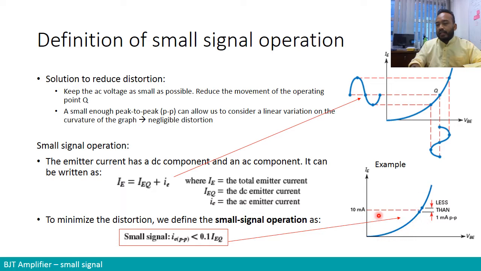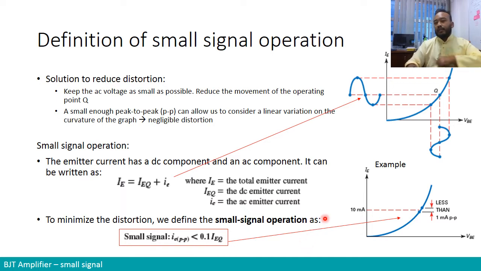If we have an example here, in terms of current, not voltage, if we have a DC component of current at 10 milliamps, then the variation of the AC current needs to be less than 1 milliamp peak to peak. Okay, it is 10 times smaller than 10 milliamps, therefore 1 milliamp peak to peak. So the range of the AC current peak to peak needs to be 10 times smaller than the DC component. So that's what we call small signal operation.